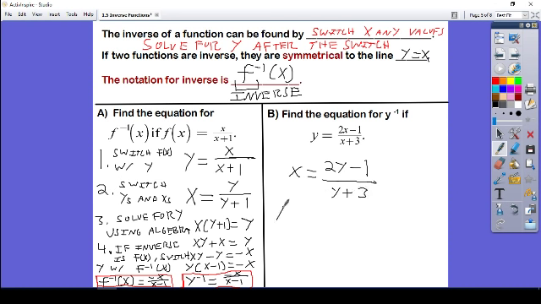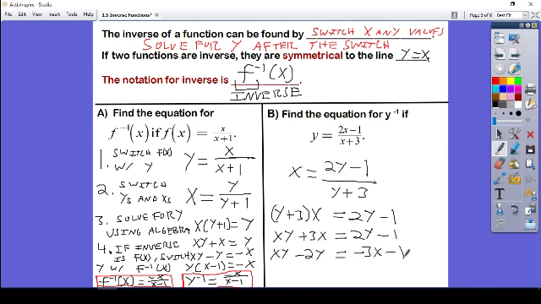Then we'll have y plus 3 times x equals 2y minus 1. Distribute the x: xy plus 3x equals 2y minus 1. Get all the y's on one side: xy minus 2y equals negative 3x minus 1.